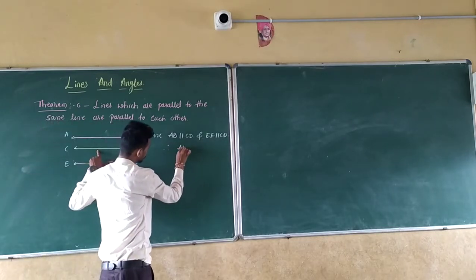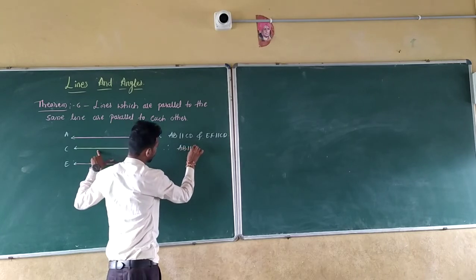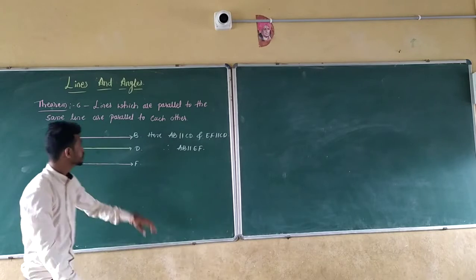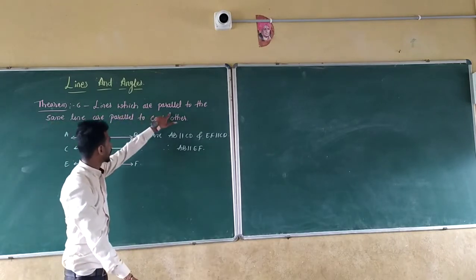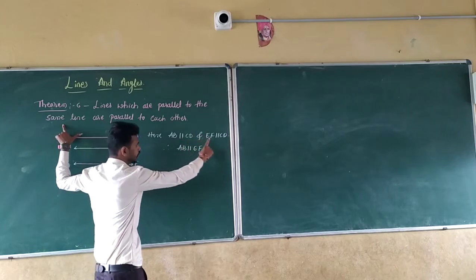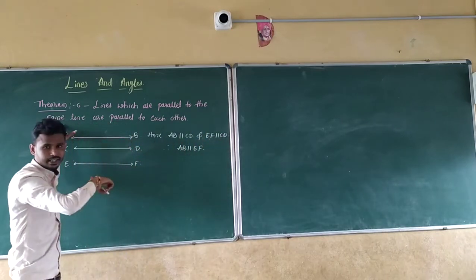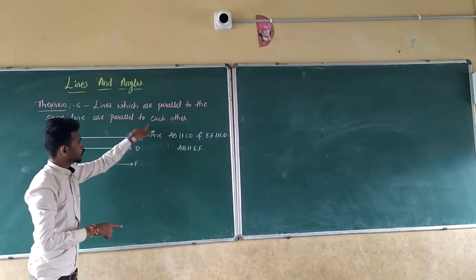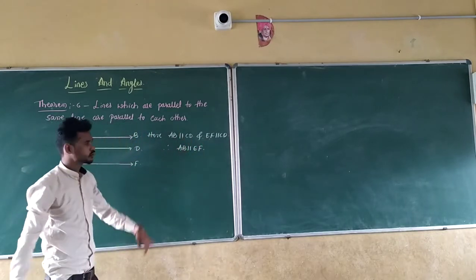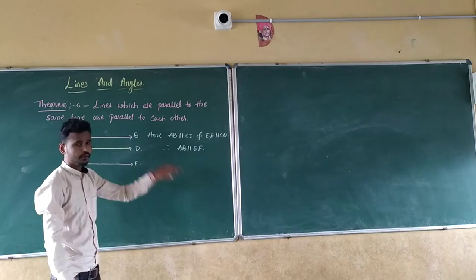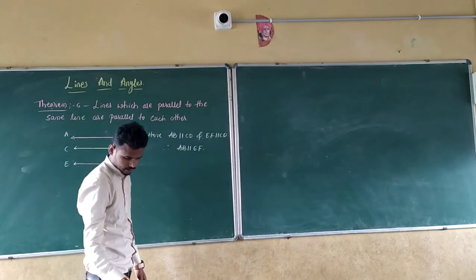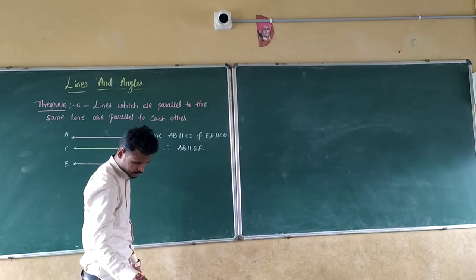Therefore AB is parallel to EF, because lines which are parallel to the same line are parallel to each other. Means AB is parallel to EF. So this is about Theorem 6.